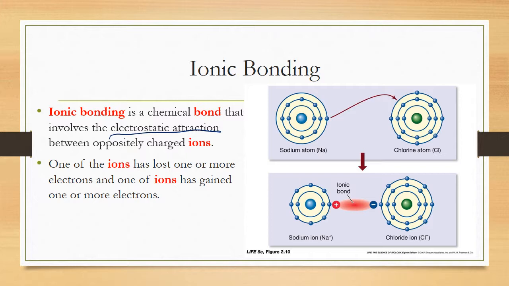And the chlorine atom has gained an electron to become the chloride ion. So you can see in the second half of the diagram that the positive sodium ion is now attracted to the negatively charged chloride ion. This is known as electrostatic attraction, an ionic bond.